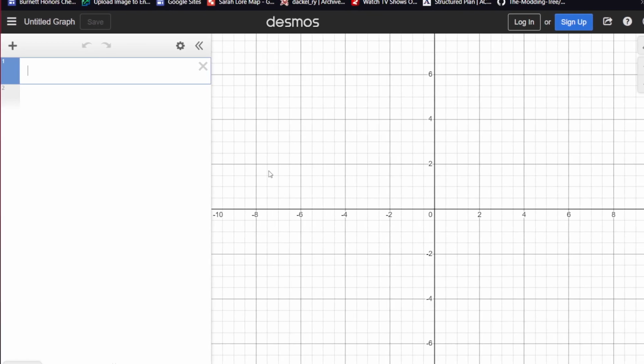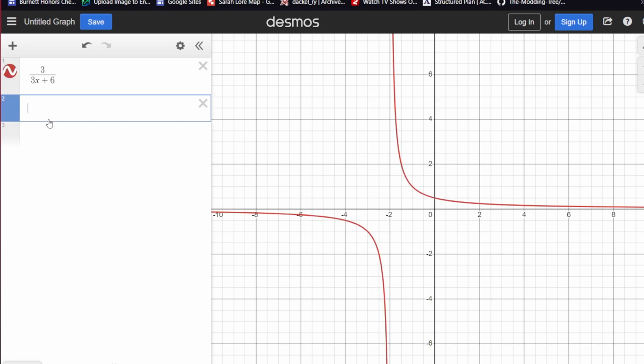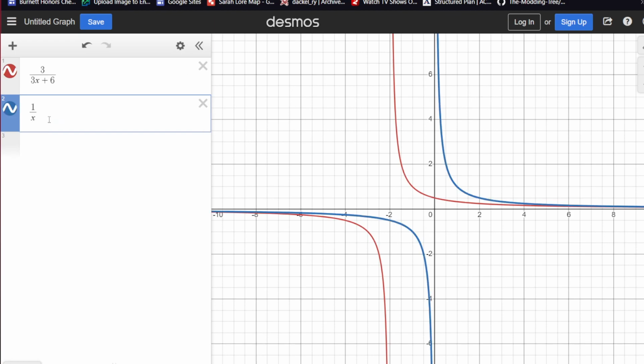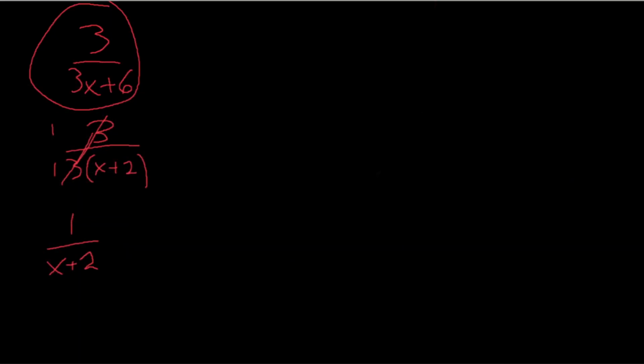And we can even go into Desmos and go 3 over 3x plus 6. You get that graph, and you go with 1 over x plus 2, and boom, they match up. See, blue, red, they match up. So that means pretty solid, right on. So we'll get rid of this and we'll go on to a more complicated problem.